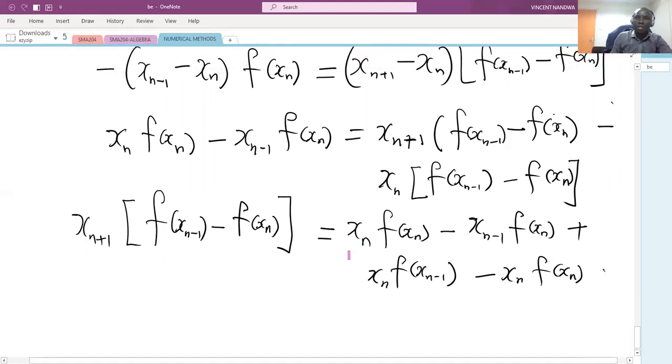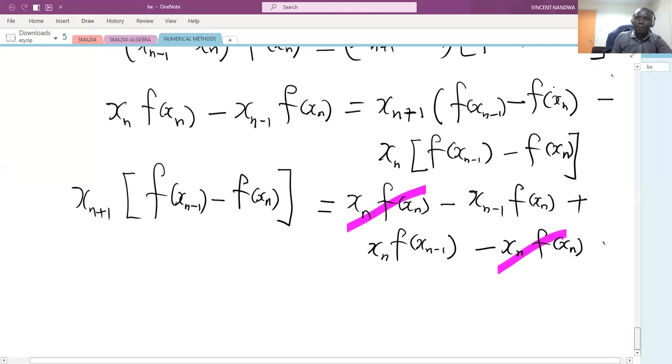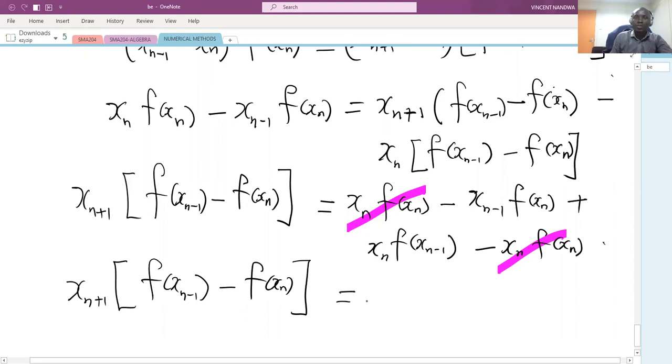This term and this term will cancel out, so that we remain with xn plus 1 times f of xn minus 1 minus f of xn equals xn f of xn minus 1 minus xn minus 1 f of xn.